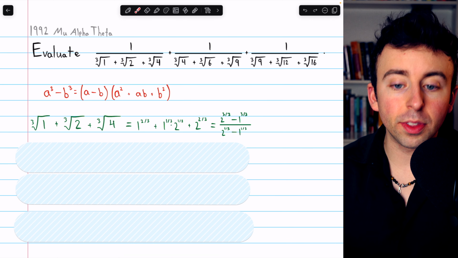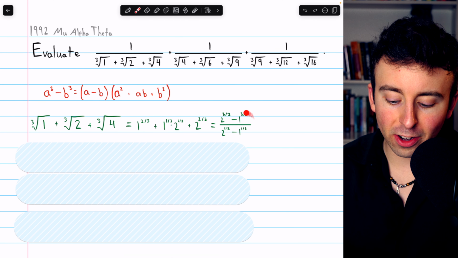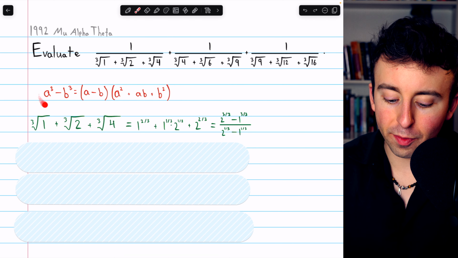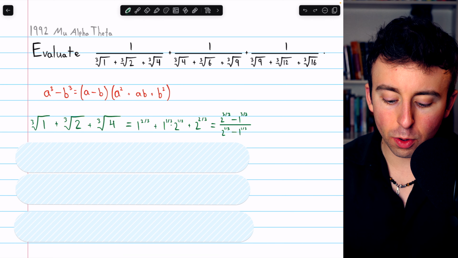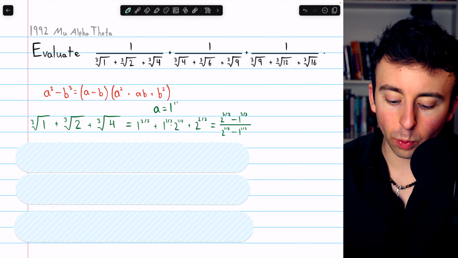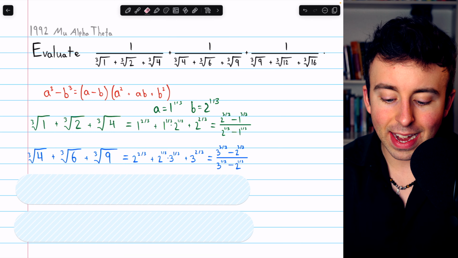Although I would rather put the 2 first when we write this subtraction, and it's fine if I do that as long as I do it in both the numerator and denominator. So again, we've basically used this difference of cubes factorization with a equals 1 to the 1/3 and b equals 2 to the 1/3. Let's go through it again with the next term.